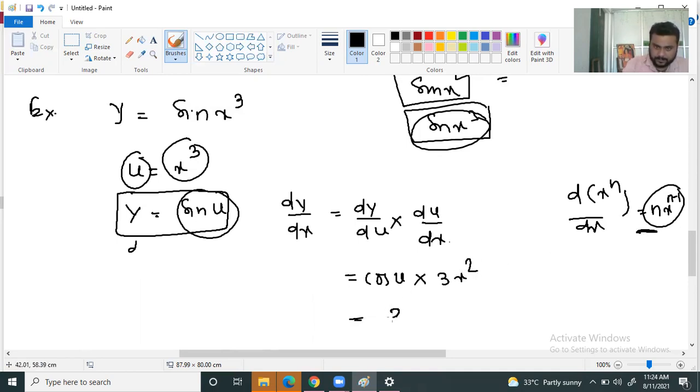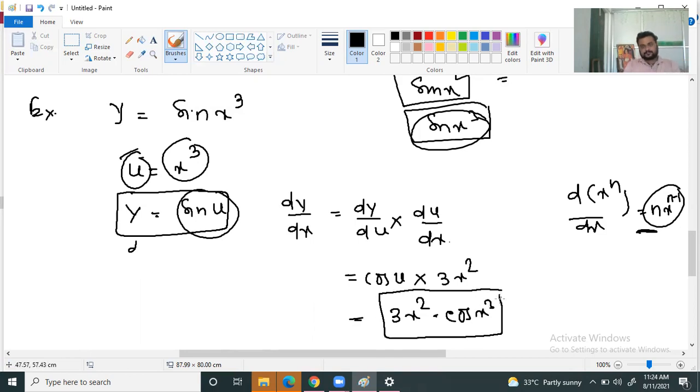That means 3x square into cos u. And substitute x cube in place of u. Got my point? This is the process of how to find the derivative of a composite function.